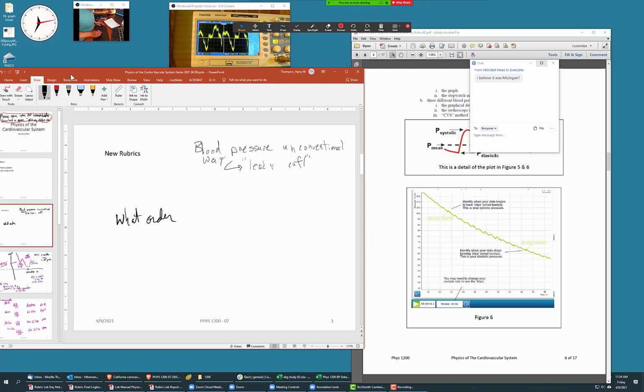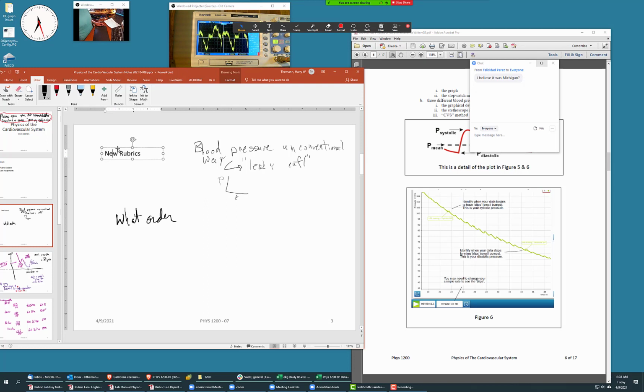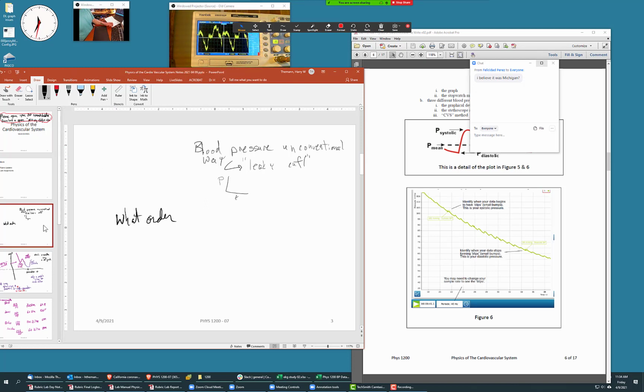First thing we did, though, was make these time and pressure graphs. And then we saw this characteristic shape.